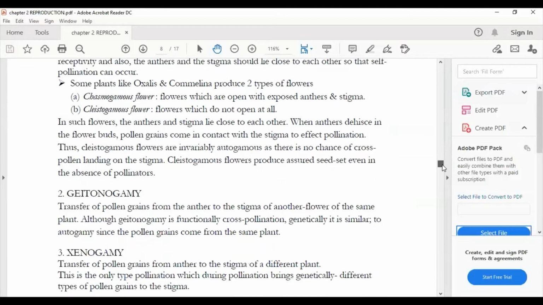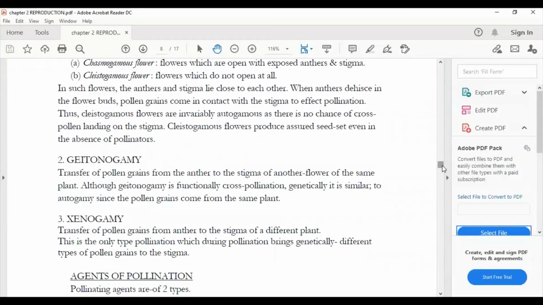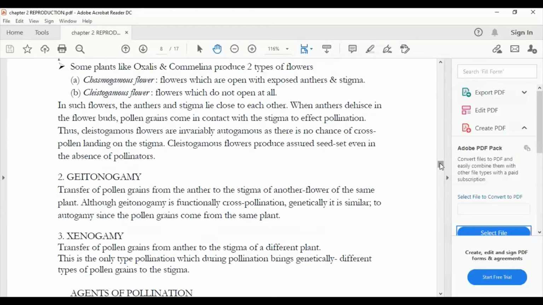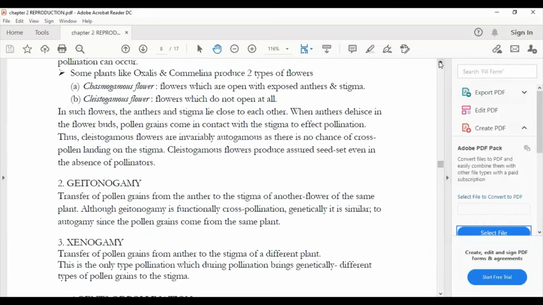The second type of pollination is geitonogamy. The third type is xenogamy. These kinds of pollination can be asked as a difference between them, or mentioning all the types of pollination, or it can be 1 or 2 as a question.